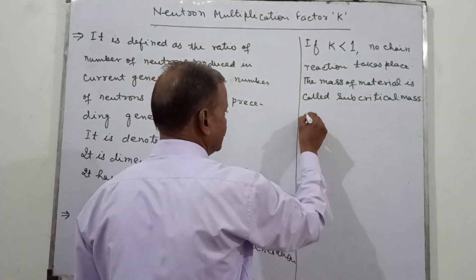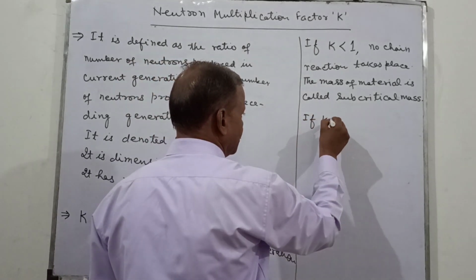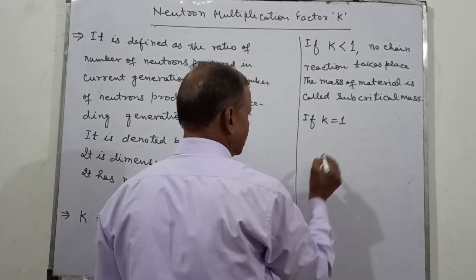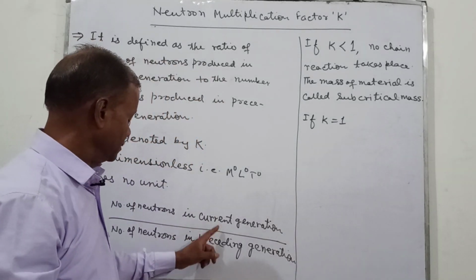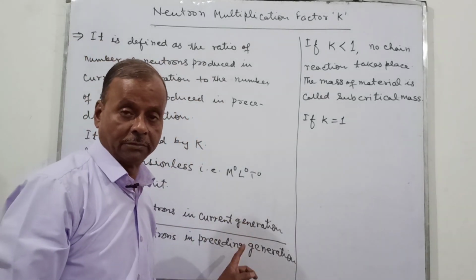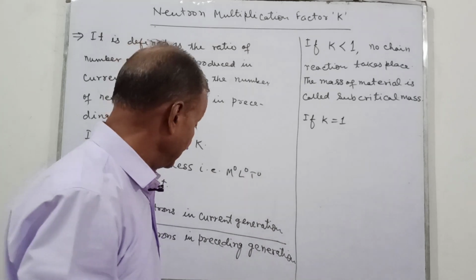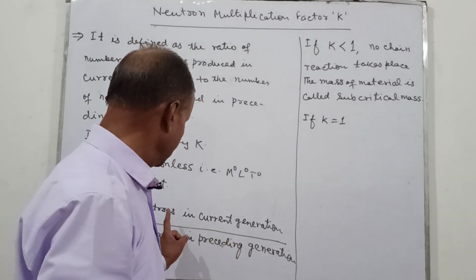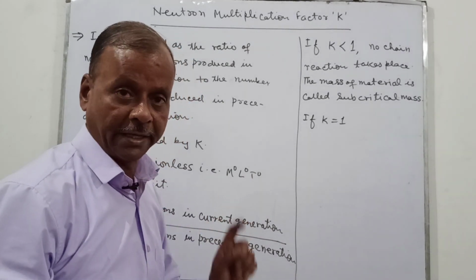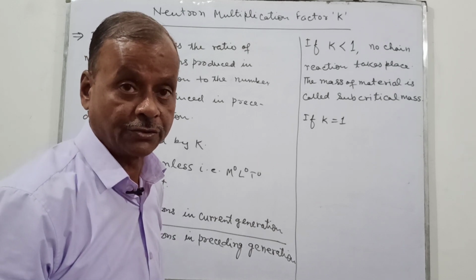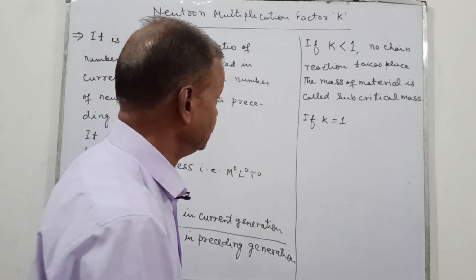If K is equal to 1, it means that this is not equal to 0, but it has the value, and in this case the number of neutrons in the current and preceding generations are equal, so they will cause the sustained chain reaction.